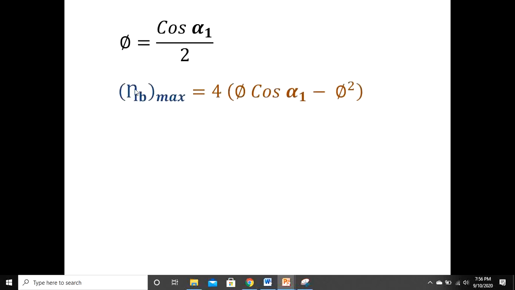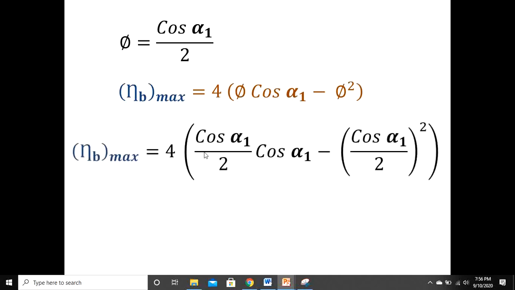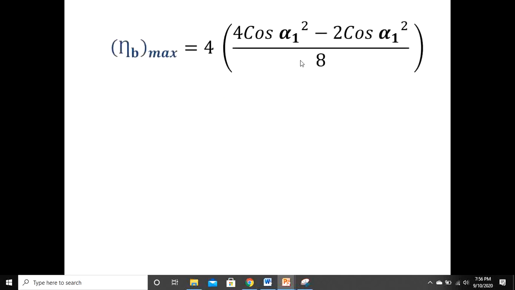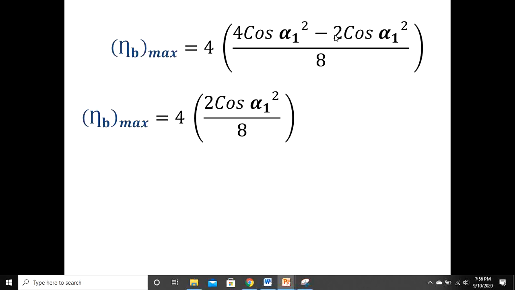Put this in the blade efficiency equation. Cos alpha 1 divided by 2, minus the whole of cos alpha 1 divided by 2 squared. Therefore, 4 times cos square alpha 1 divided by 2 minus cos square alpha 1 divided by 4, therefore it will be over 8. 4 minus 2, you can take it outside, 2 cos square alpha 1 divided by 8.